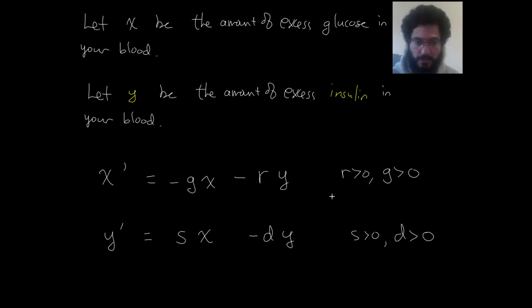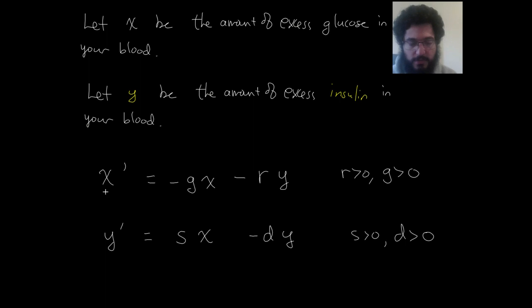Somehow, let's say you eat a cookie and suddenly that increases the amount of excess glucose in your blood. So x is now large. And x being large makes y prime large. So over time, y increases. So let some time pass, then y grows, and suddenly you have a bunch of insulin in your blood. Excess insulin, more than usual. Then y's being positive at all makes this term here decrease x prime.